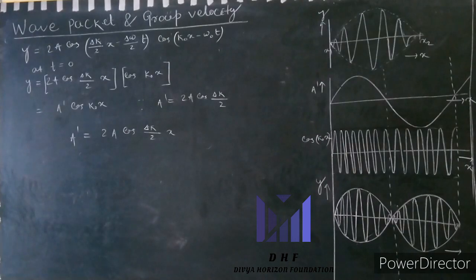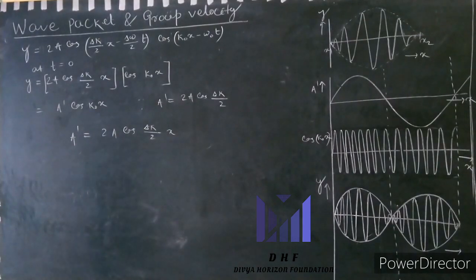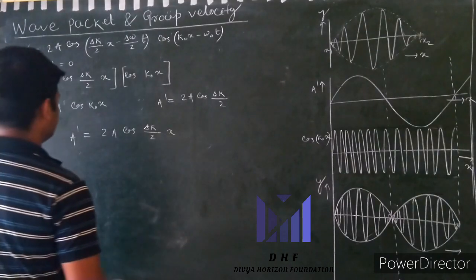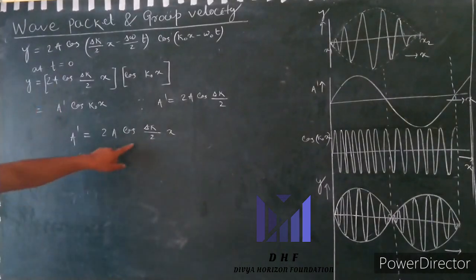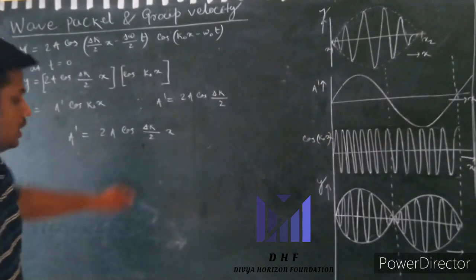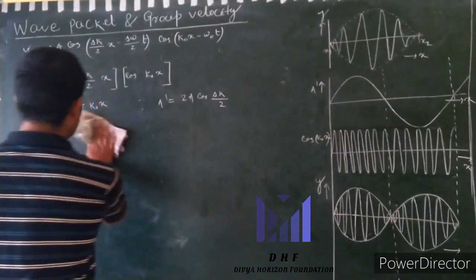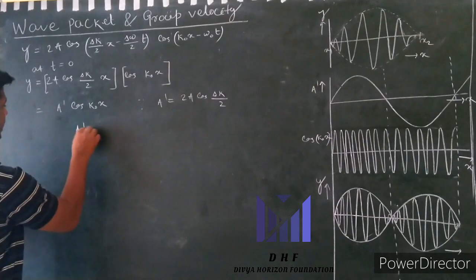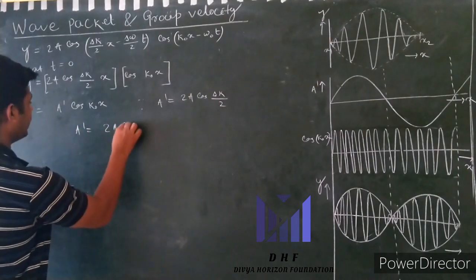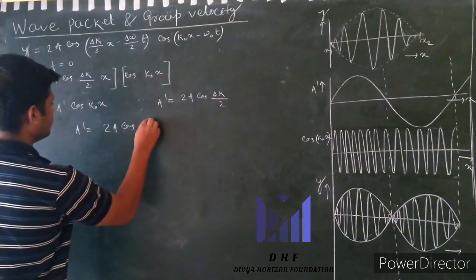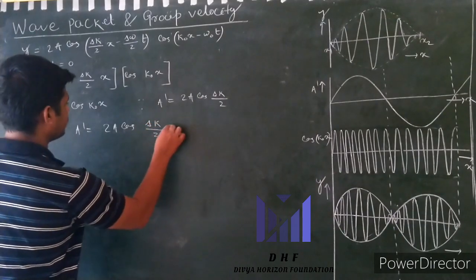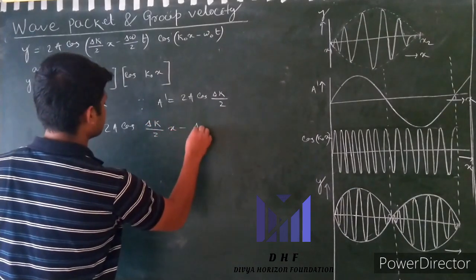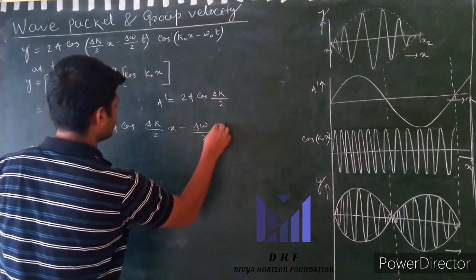So in this case, we have to write here the general equation of a dash. This is the equation of a dash at time t equal to 0. The general equation of a dash is given by a dash is equal to 2a cos of (del k by 2) x minus (del omega by 2) t.